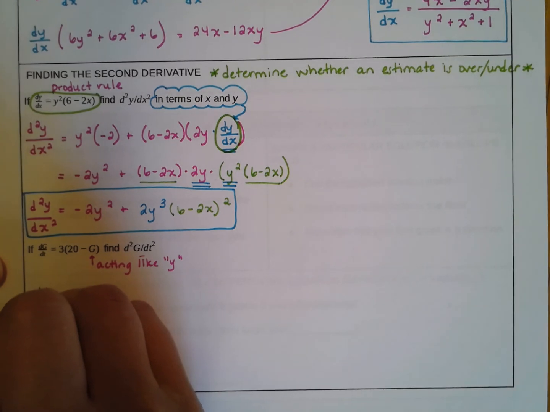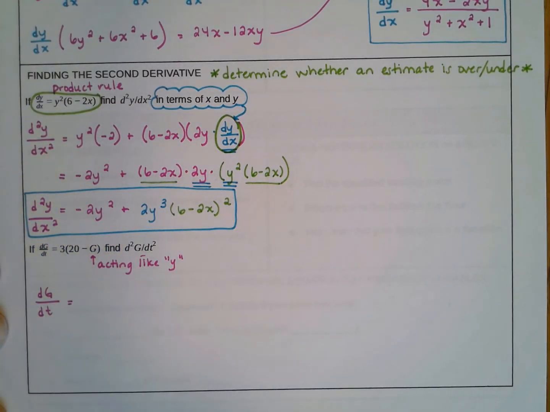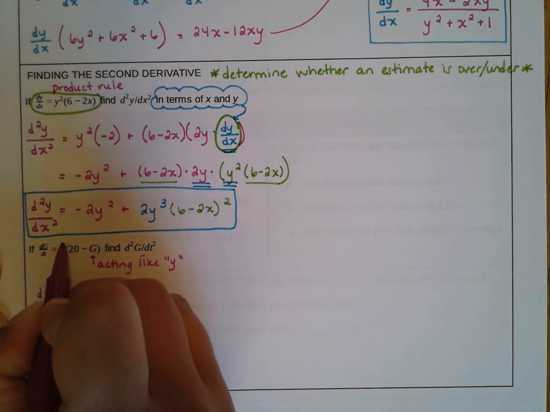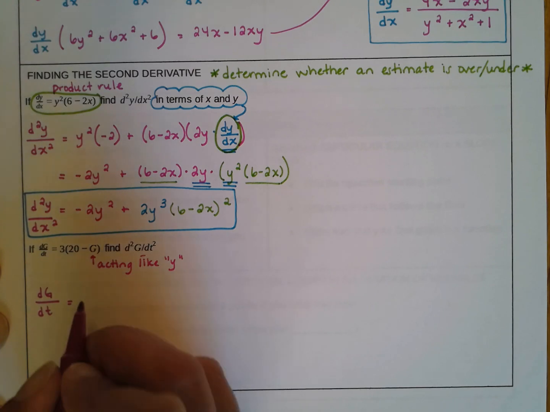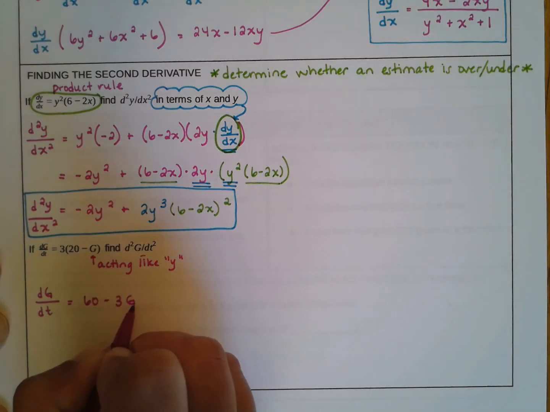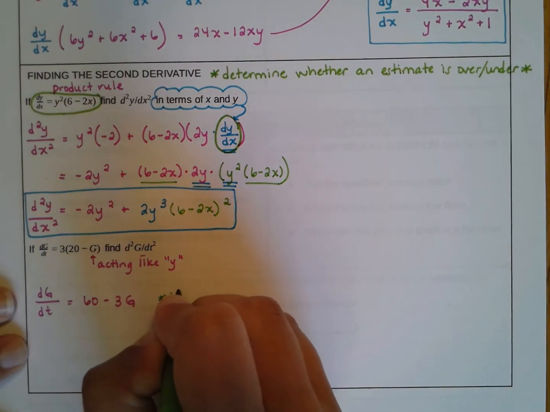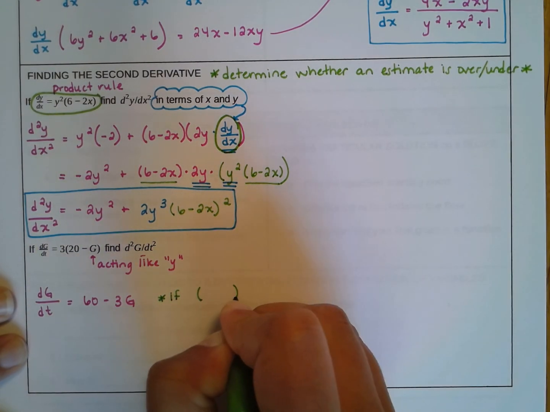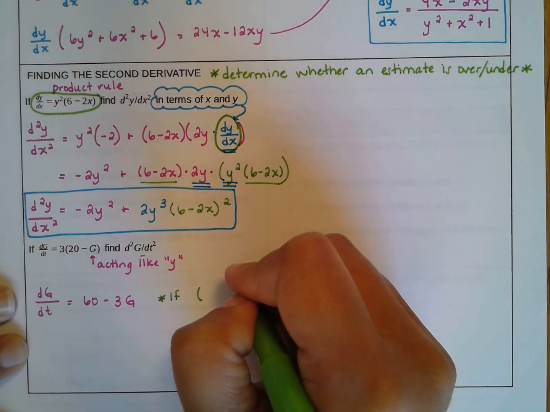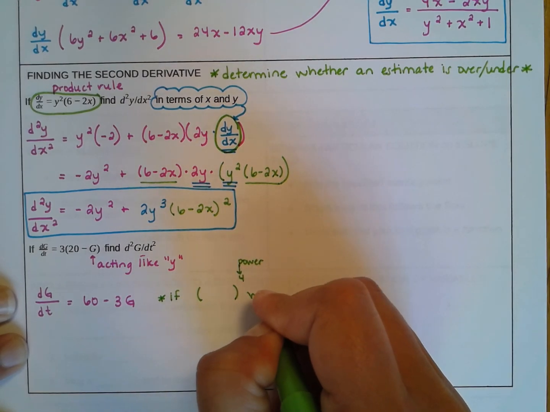One of the kind of tricks that I have for making this a little bit easier is that we can avoid product rule for this type of problem because we can actually distribute the 3. So when we distribute, we get 6d minus 3g. Now I do want to note here, if there was a power, like a 4th power on the outside of the parentheses, we cannot distribute.